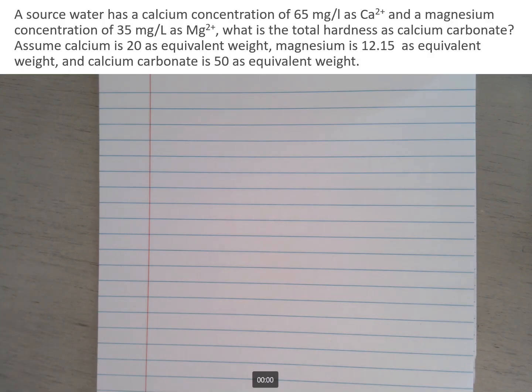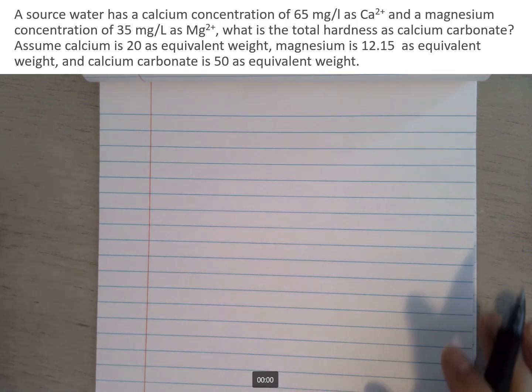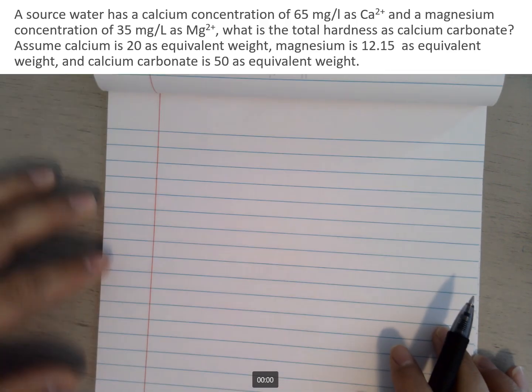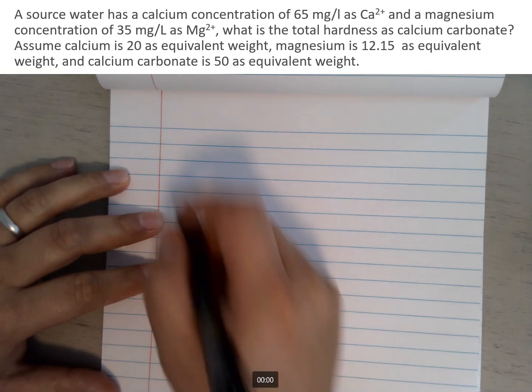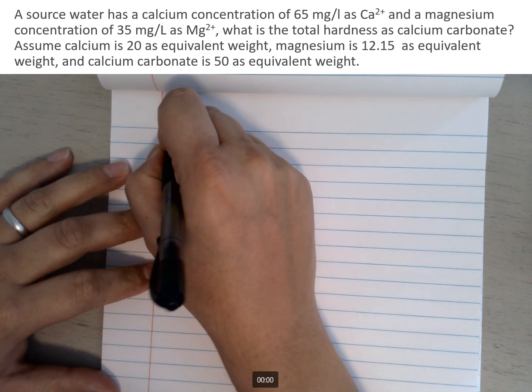So, in order to calculate the total hardness, both the calcium and the magnesium concentrations must be in units of calcium carbonate. So let's walk through how we would calculate that in order to add those up. Let's take a quick look at first the overall equation.